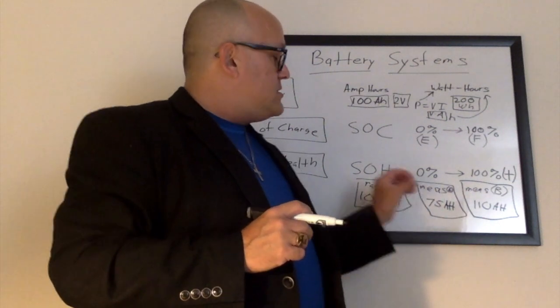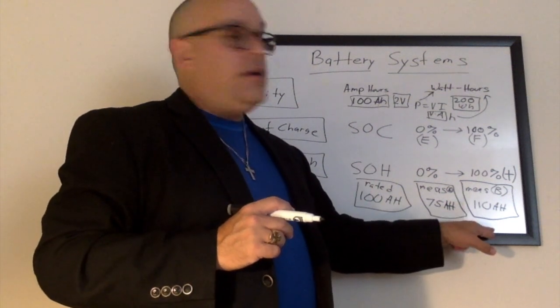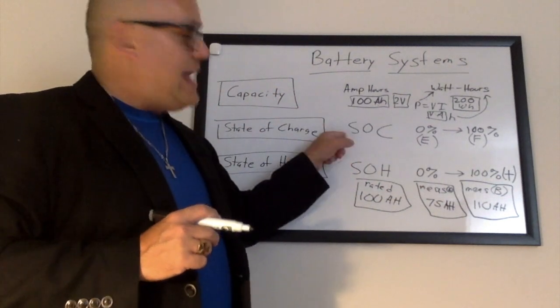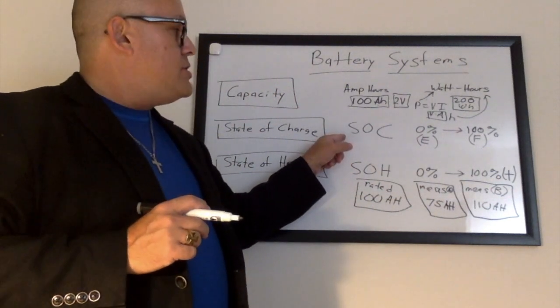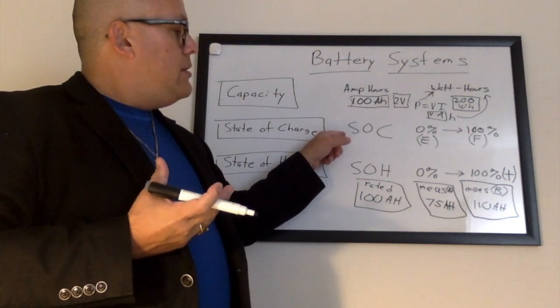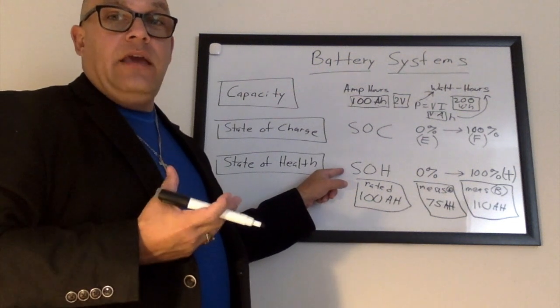So in that case, the state of health is 110%. Okay, so that's why you can have greater than 100% state of health, and we can't have greater than 100% state of charge, because state of charge is how much gasoline I have in the tank. State of health is how big the tank is.